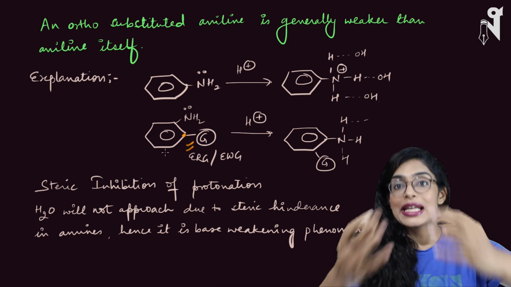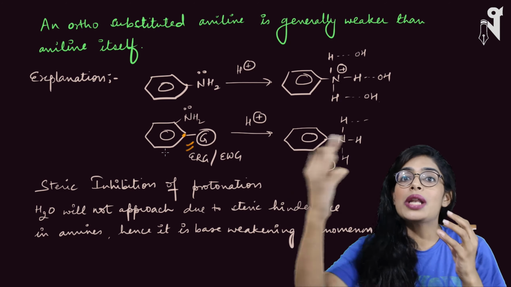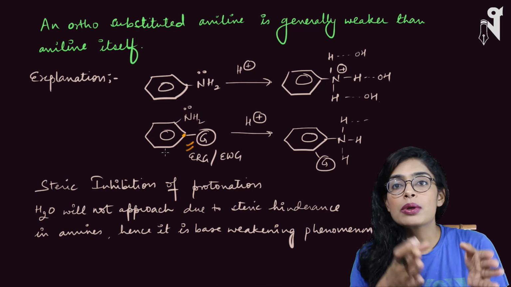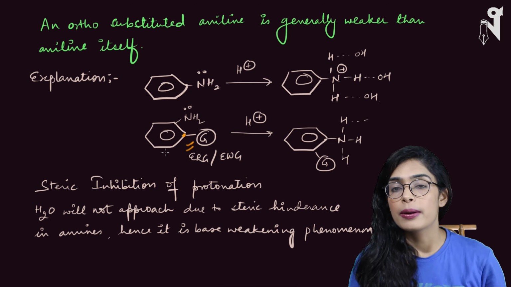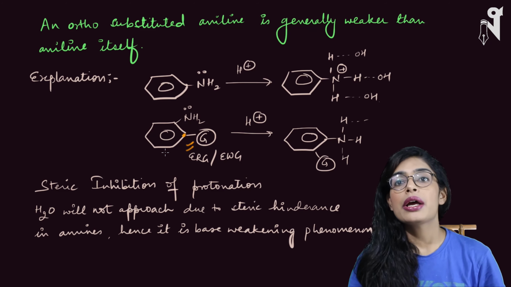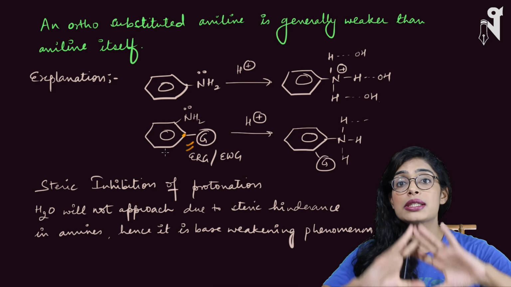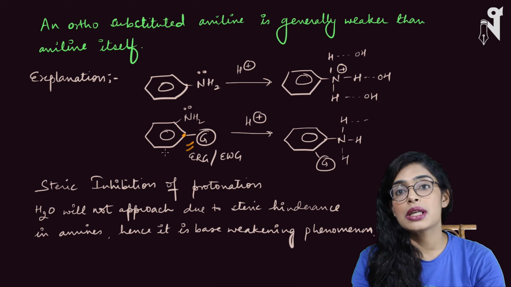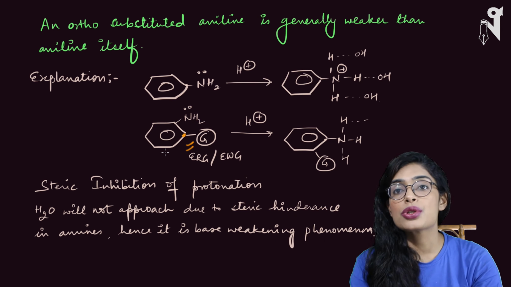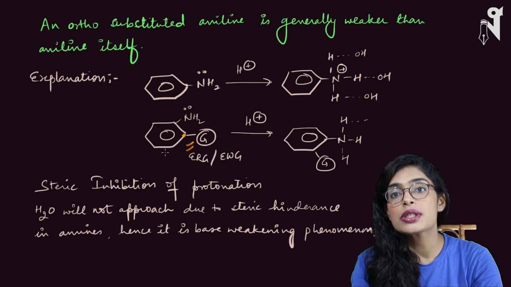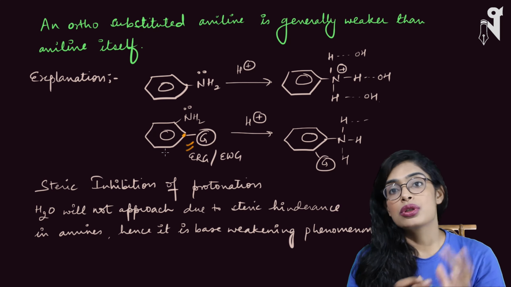Now to take that electron pair, some species will have to come closer to the nitrogen, or H plus has to come closer to the nitrogen to make that bond. Basically either the Lewis acid or the H plus has to come closer to the nitrogen. But if there is crowding around nitrogen, if there are bigger groups present around the nitrogen, especially on the ortho positions, due to the steric hindrance, water or Lewis acids do not approach nitrogen.